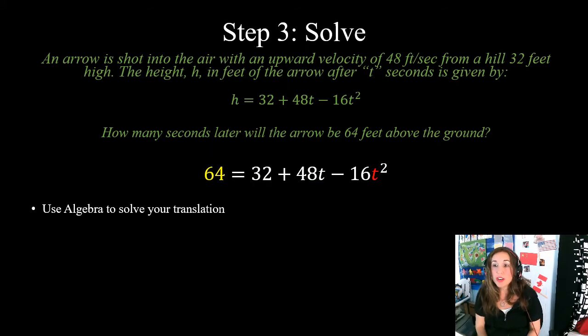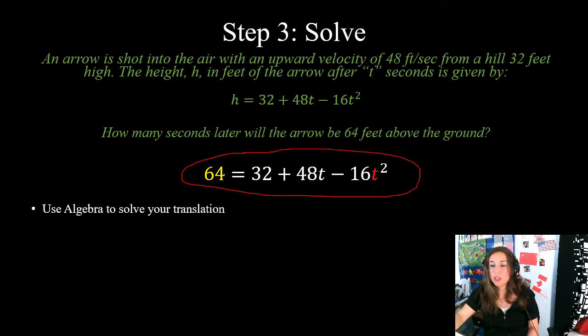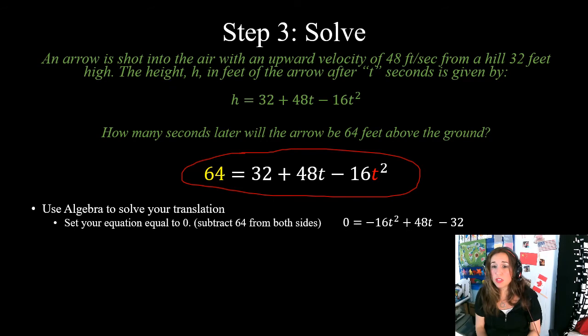Okay, so now we can actually solve. We have that lovely equation that we generated when we did our translation step. So we're going to use algebra to solve our translation, right? And the first step of doing that is, of course, to set our equation equal to 0. We need to get this 64 over here. We know that when we're solving these types of polynomial equations, we need to set our equation equal to 0, factor, and solve using the principle of zero products.